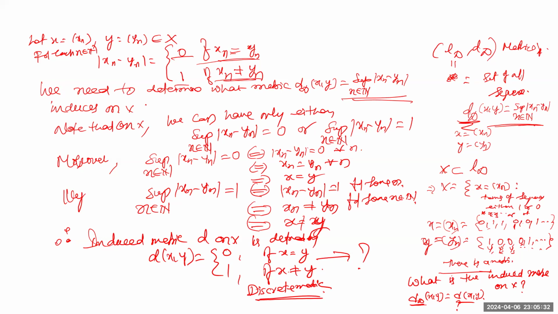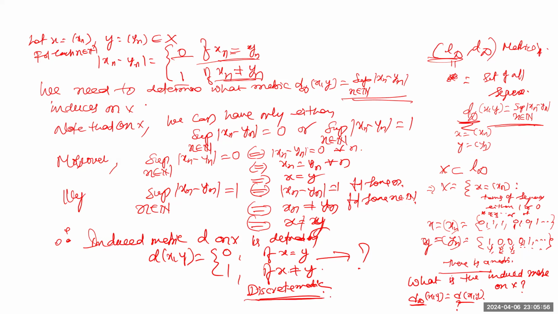So what is that one? X is a subset of L infinity, and based on the entries of the subset X, your d infinity metric induces a discrete metric.